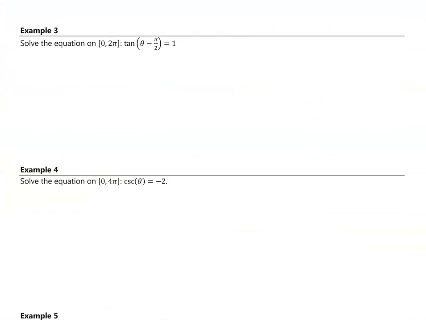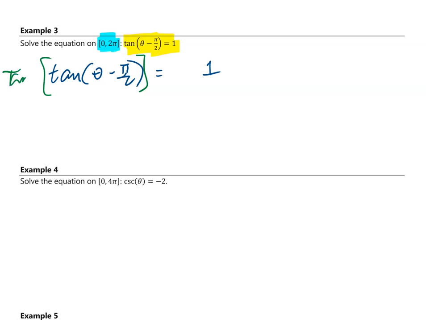Solve the equation on the given interval from 0 to 2 pi of tangent of theta minus pi over 2 is equal to 1. Do the same thing like what we did for examples 1 and 2. We get the inverse tangent of both sides. So this will be theta minus pi over 2 is equal to, what is inverse tangent of 1?